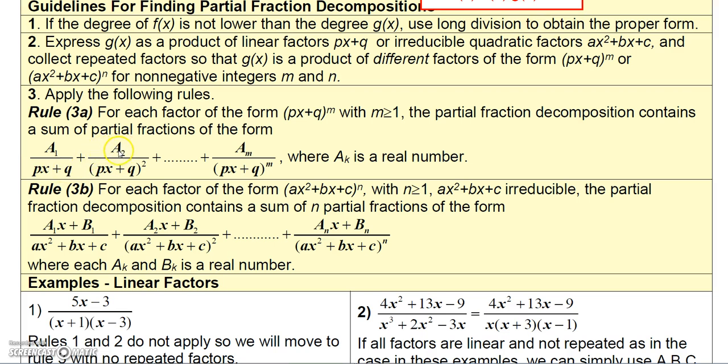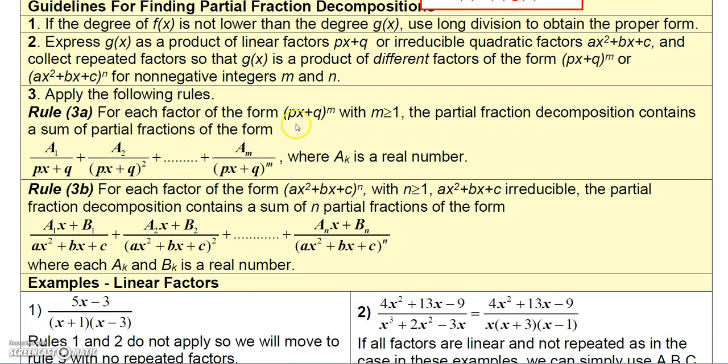And then if the linear factor is raised to a higher power other than 1, then for each power that our linear factor is raised to, we will add another term. So in other words, if this was px plus q cubed, we would write a constant over px plus q plus a constant over px plus q squared, and then plus a constant over px plus q cubed.